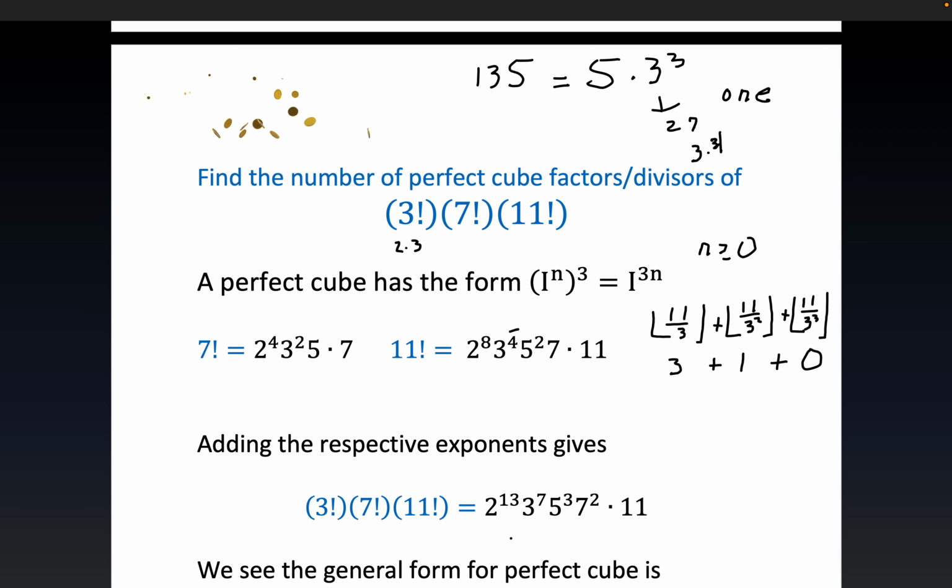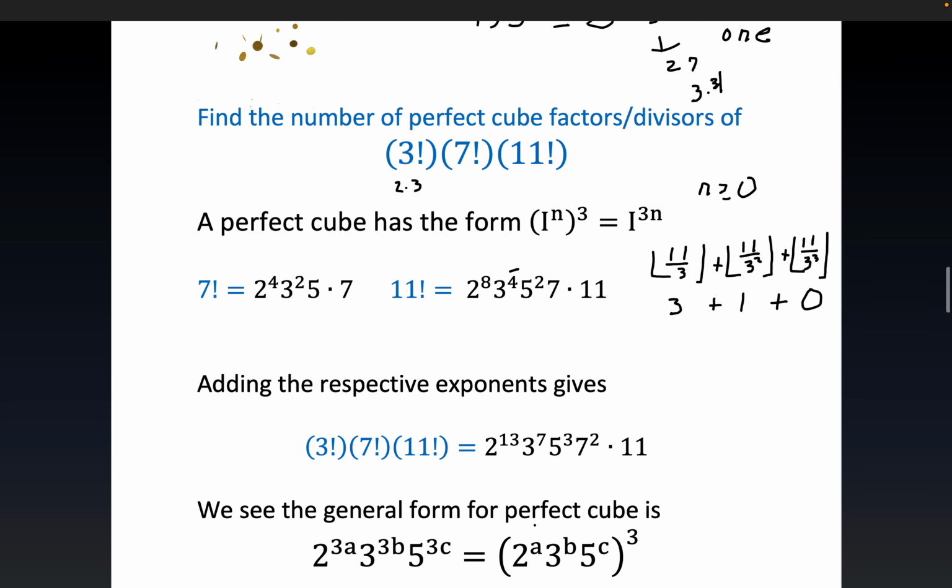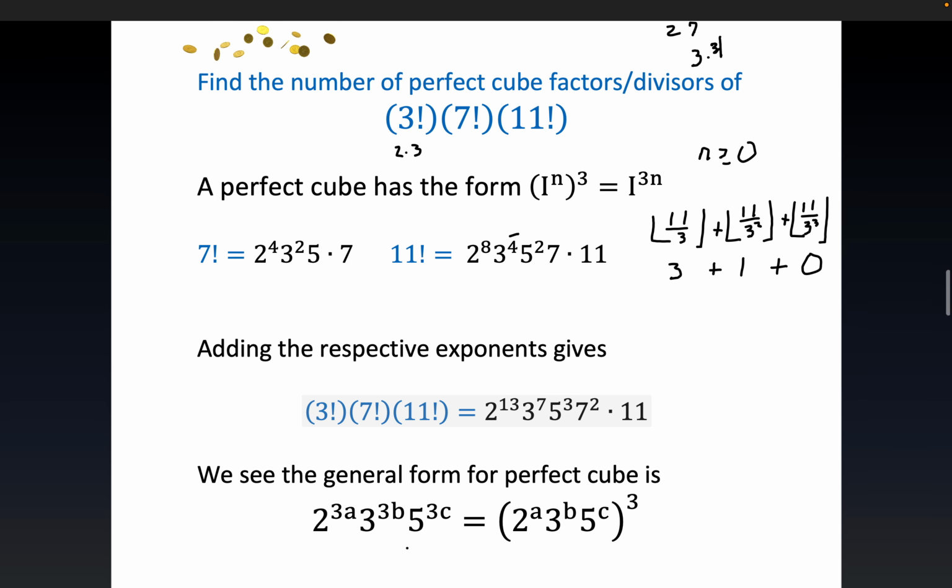Okay, so you got this huge number, but it's expressed solely in terms of the canonical prime factorization. All right, now that we have this canonical prime factorization, we can utilize the fact that this would be a general cube given 2, 3, and 5.